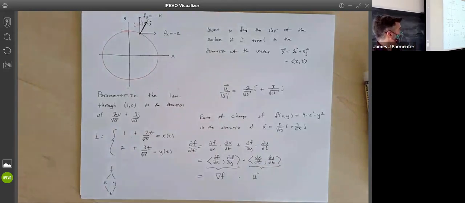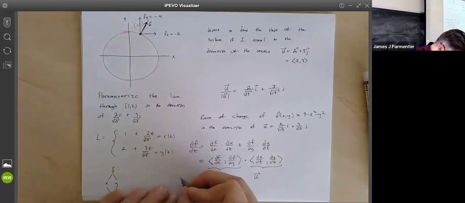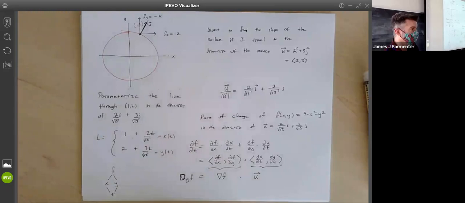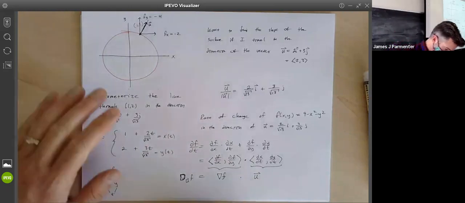So the derivative of your function in the direction of u is just the gradient of f dotted with the vector u. This is called the directional derivative of f in the direction of u.